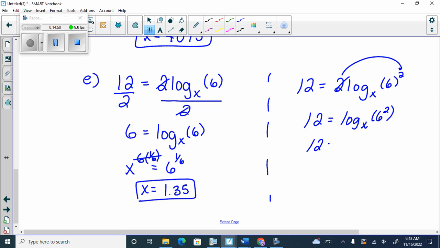So I get 12 equals log base x of 36. Then I still convert. x to the 12 equals 36, and then I raise it to the 1/12. Do either way though. Same answer.